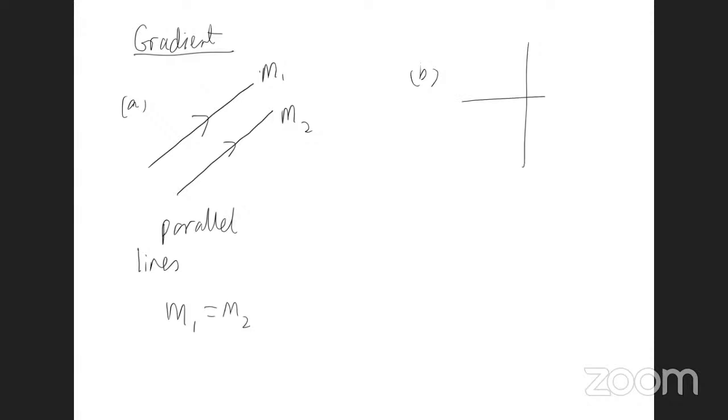If you have perpendicular lines, gradient 1, gradient 2, the product of M1 and M2 is minus 1.